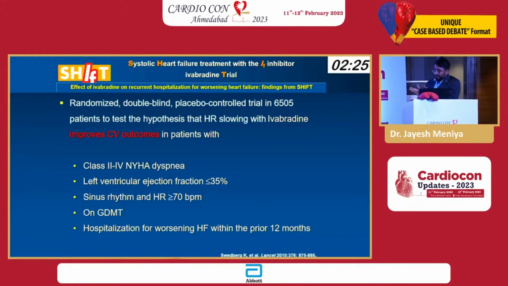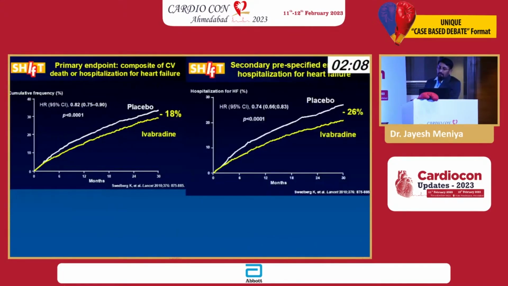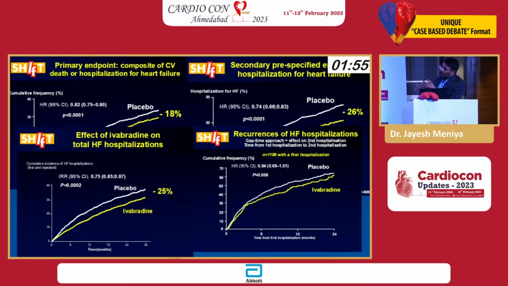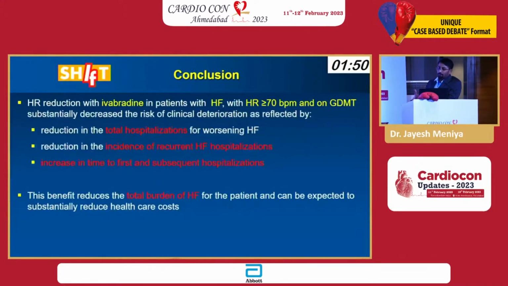Dr. Deepak also already discussed the SIGNIFY trial, which is about coronary artery disease, but this is about LV systolic dysfunction. Patients with class 2 to 4 dyspnea, AF around 35%, heart rate greater than 70 beats per minute, and when we add this, of course there is decreased mortality, decreased hospitalization, decreased heart failure repeat hospitalization, and also decreased combined hospitalization or death, in the SHIFT trial, in particular in patients with heart failure.